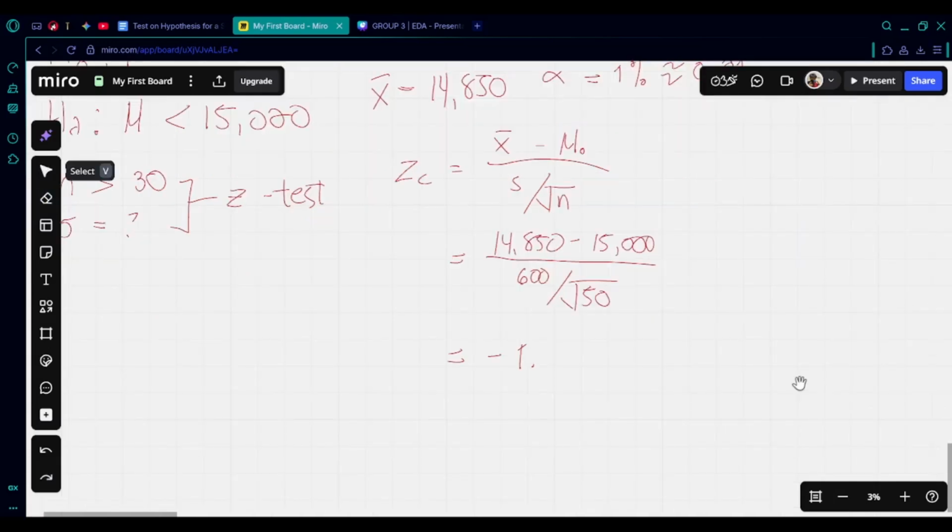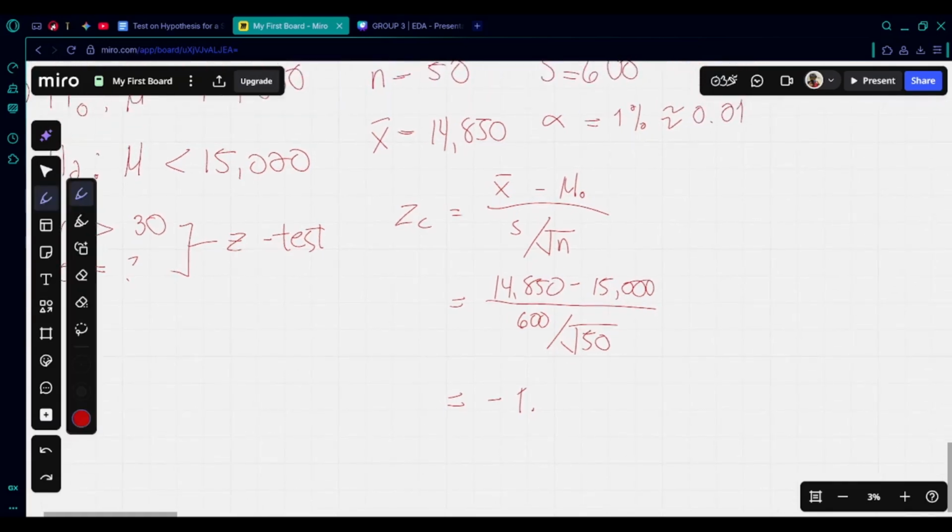By rounding this off, I think you also noticed that the actual value that we computed is 1.767. So by rounding this off, since this is a higher number than 5, this is negative 1.77. So this is our computed Z value.